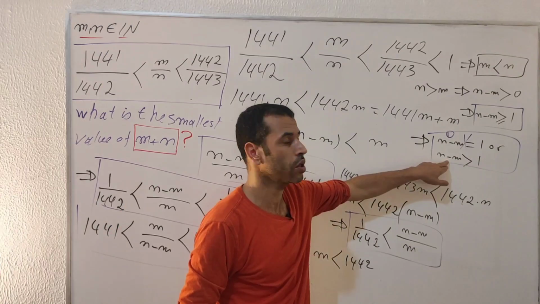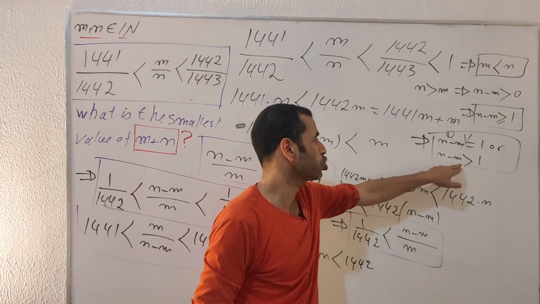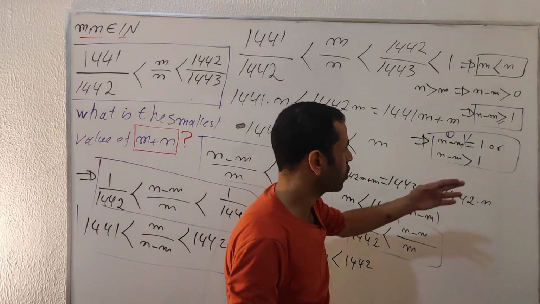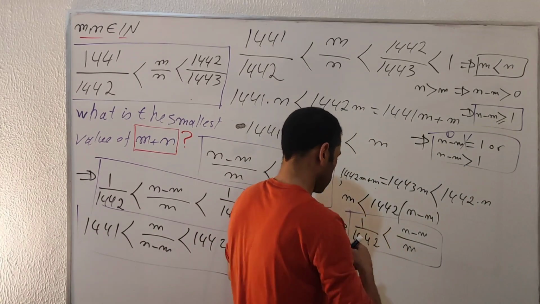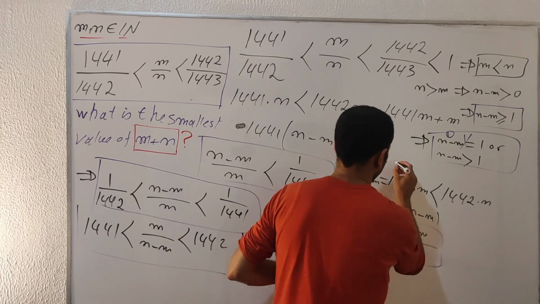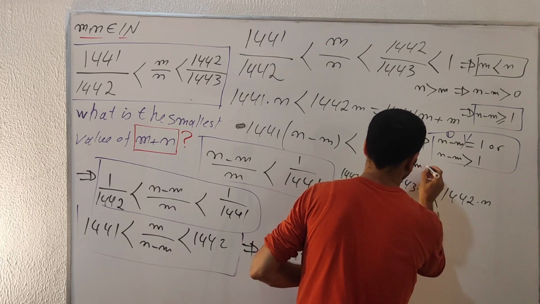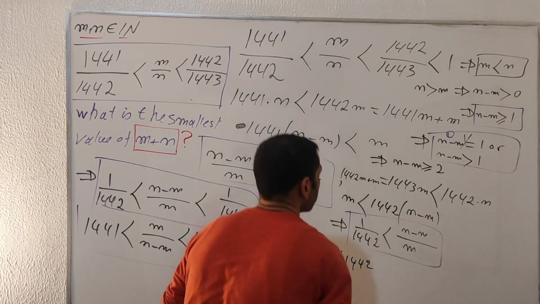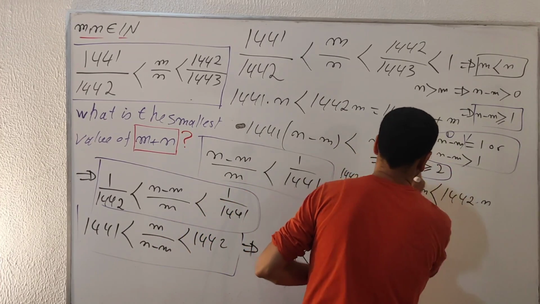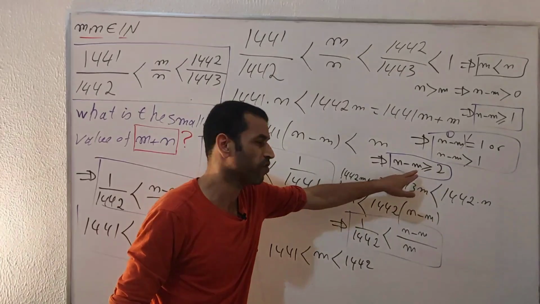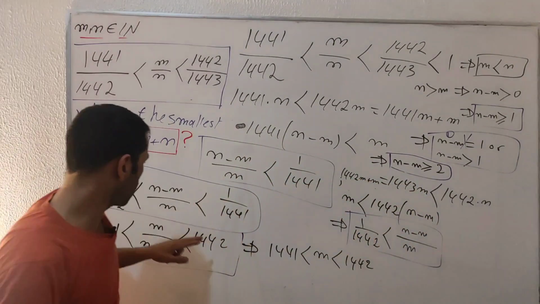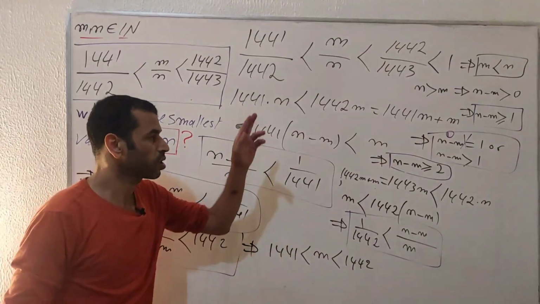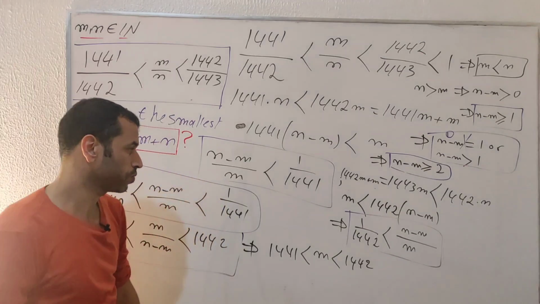Okay, so since we have n minus m strictly superior than 1, if I want to include number 2 here, I'm going to write n minus m is superior or equal to 2. So I'm going to take both facts, this one and this inequality, at the top, and continue working on this one.